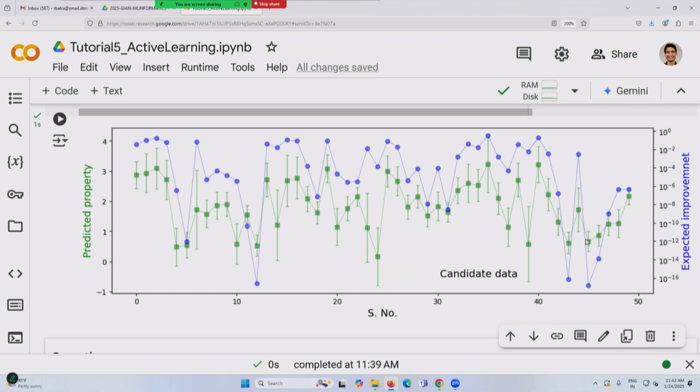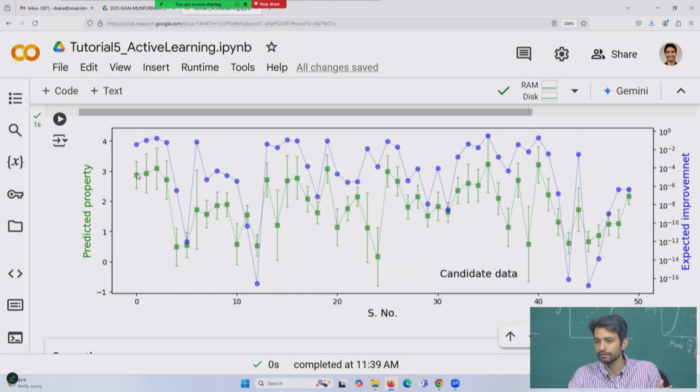The model is confident that the prediction will be low. So when the model is confident about a point, it will have very little improvement. Now let's look at a slightly different case. Let's look at the first point. The confidence interval is small, but the predicted value is large.